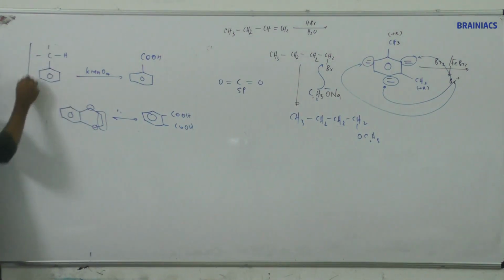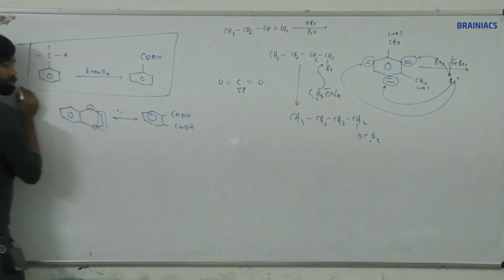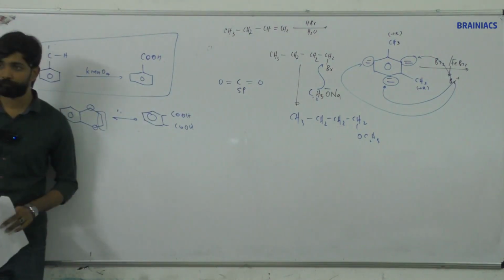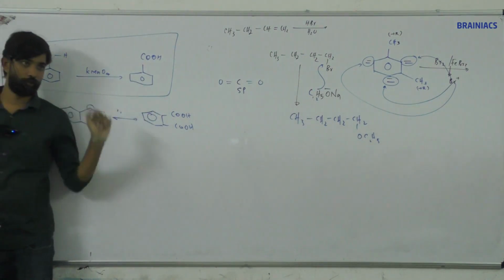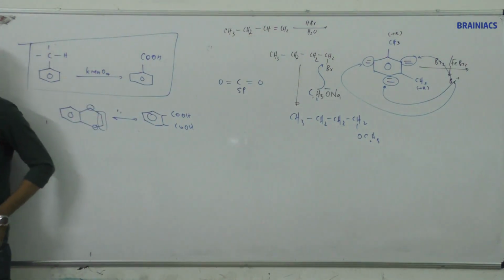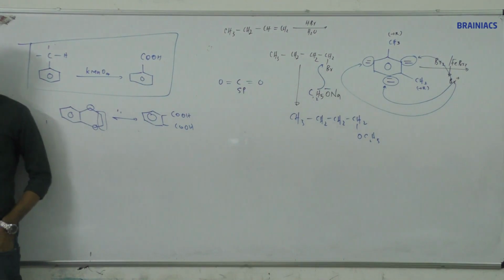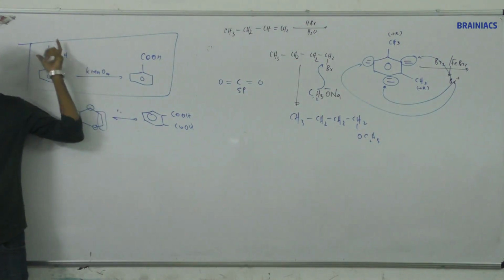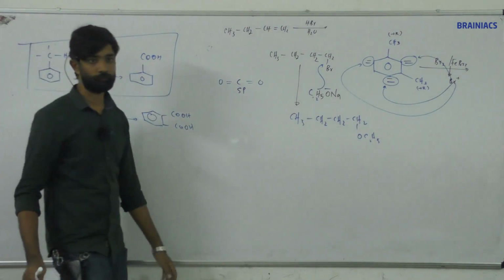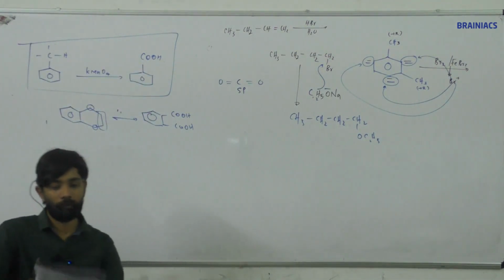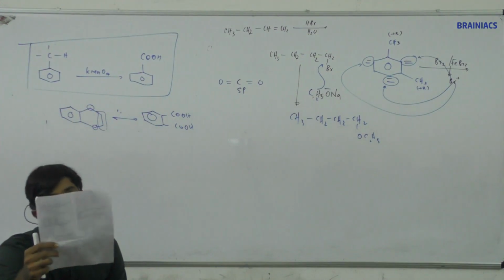This reaction will be discussed in carboxylic acid, and can be considered a method of preparation of carboxylic acid. Any compound having at least one benzylic hydrogen is required; whatever the rest, it becomes COOH. This is called side chain oxidation.